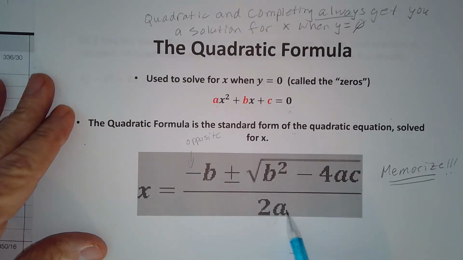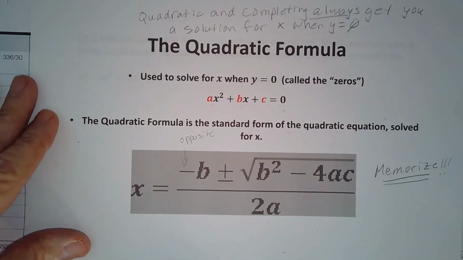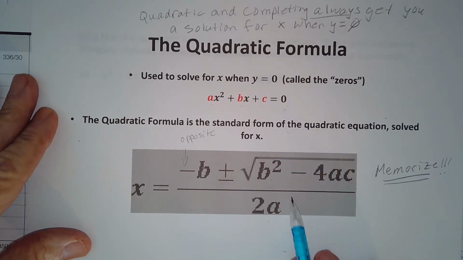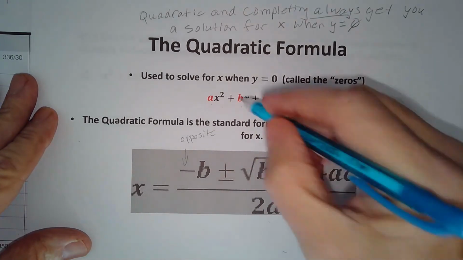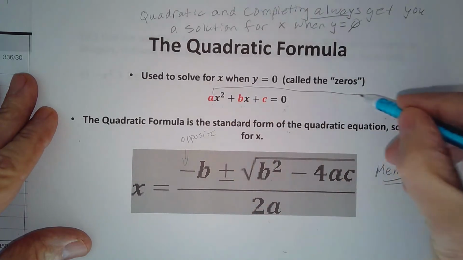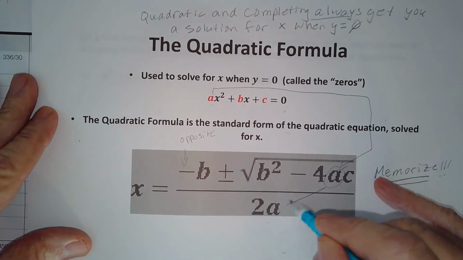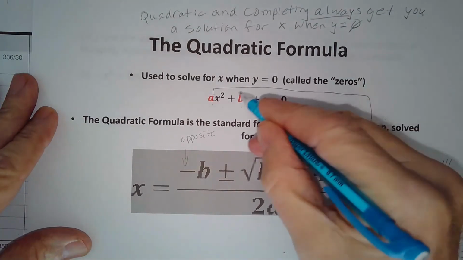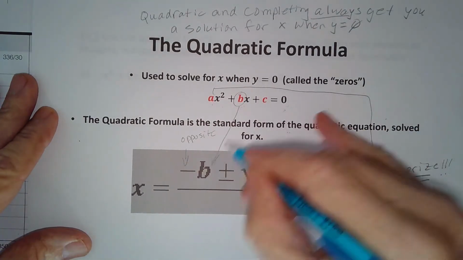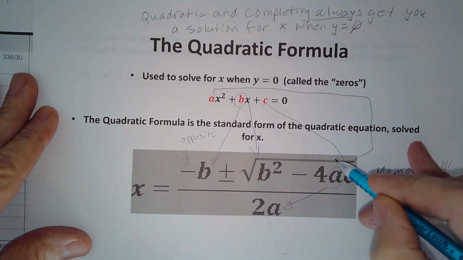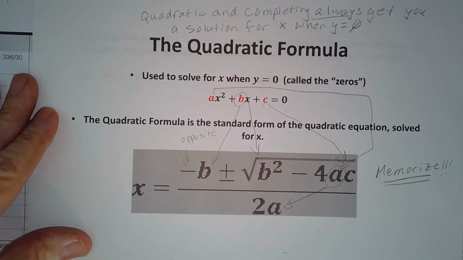They all match up, okay? So the a is going to go over here, and it's also going to come down here. The b is going to go down here and over here. The c is going to go over here, if you're a visual person.